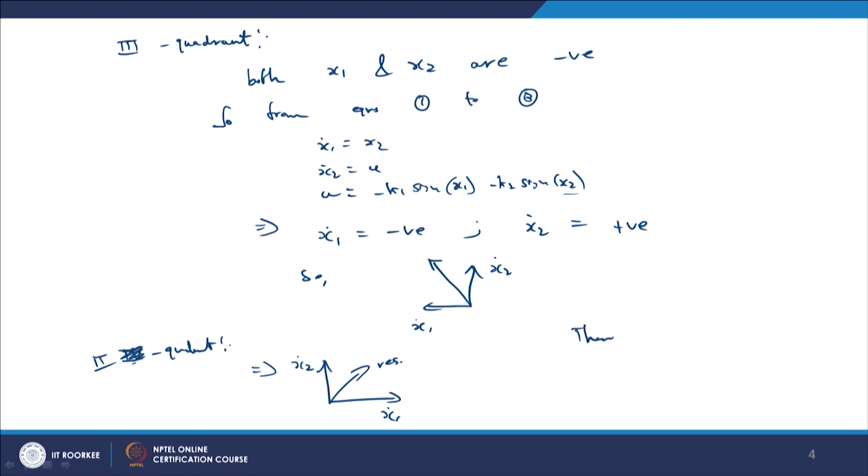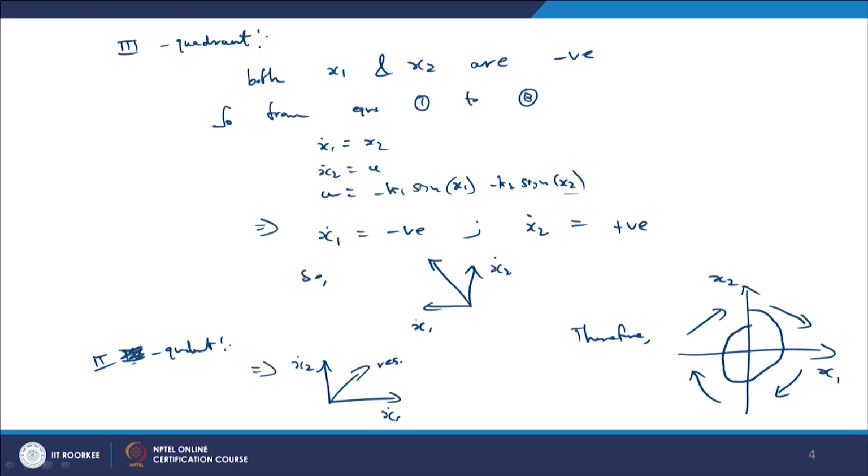Therefore, we have the trajectory of the state variable coming out to be this direction, then this direction, then this direction, then finally this direction, which shows that it comes this way and goes this way, then goes this way and goes this way.